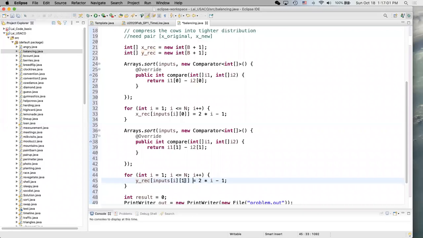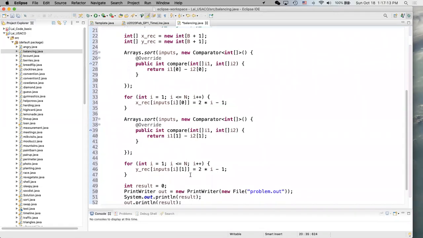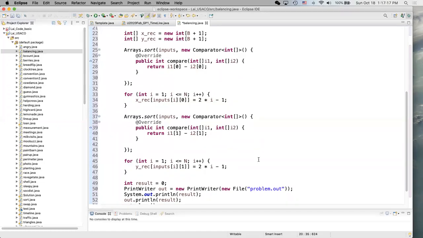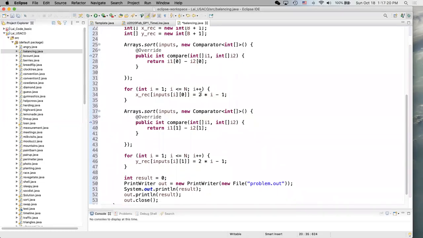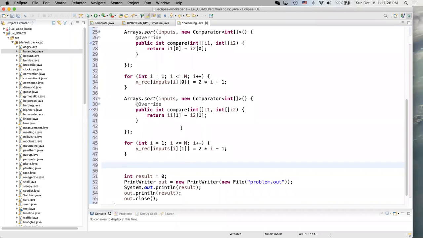So inputs[I][1], that is the original Y, and also you assign a new Y. So far making sense, right? Making sure there's no problem with that.